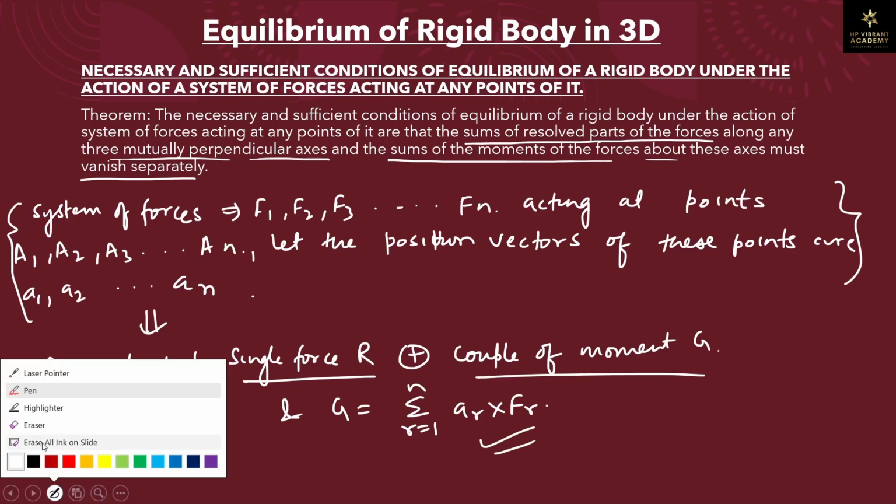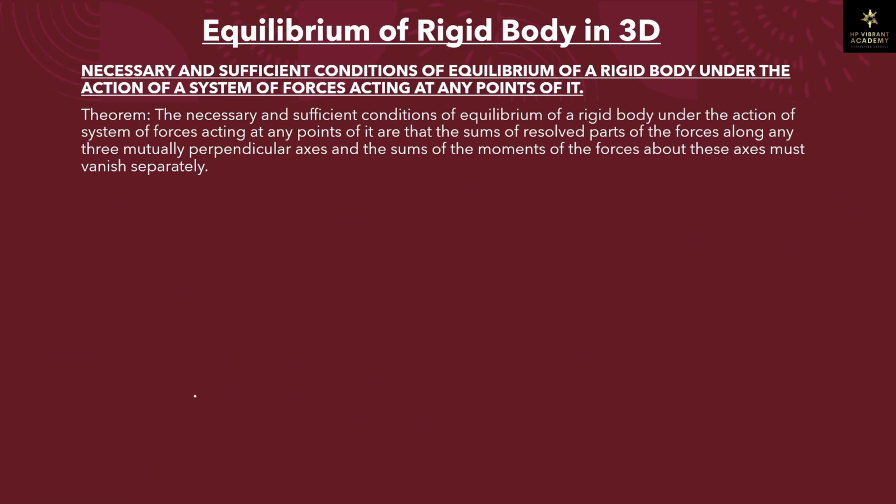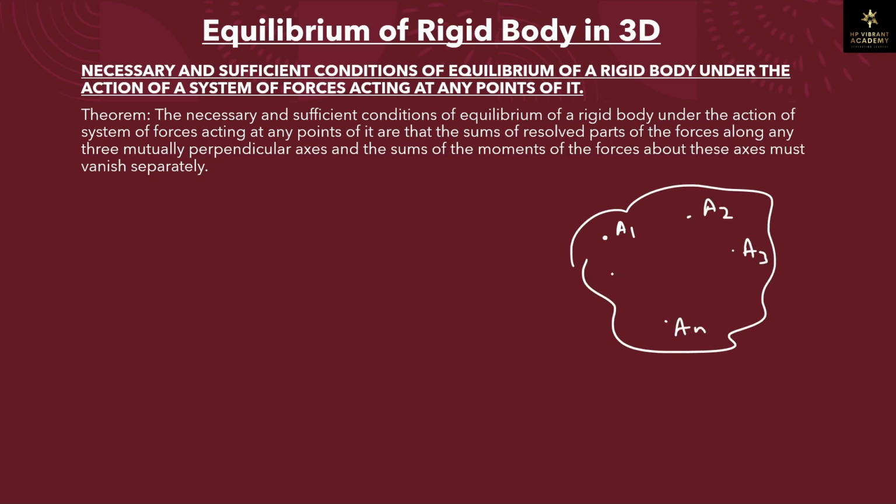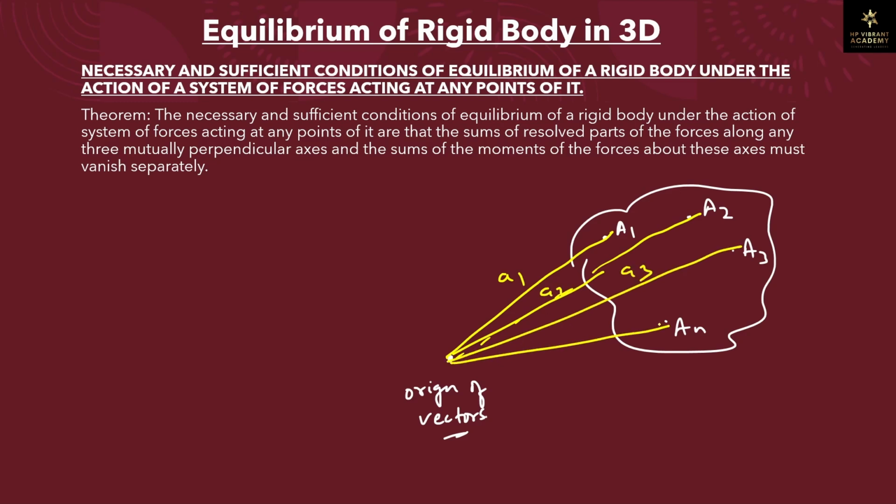Let us plot this once again. We have a rigid body like this, and we have points A1, A2, A3, and An. Let us consider O as the origin of vectors, also known as the base point. The position vectors are a1, a2, a3, and an, and the forces are F1, F2, F3, and Fn.